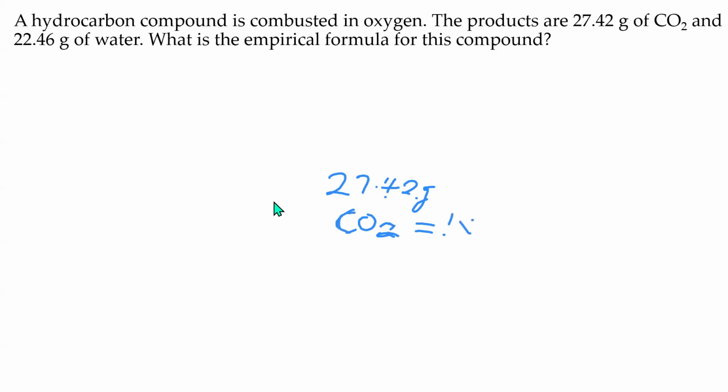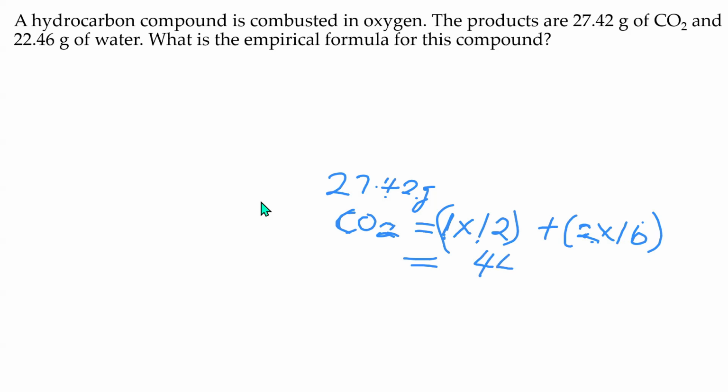So one carbon times the molar mass of carbon, which is 12, plus two oxygen times 16, the molar mass of oxygen. 1 times 12 gives 12, then 2 times 16 gives 32. After we add everything, it gives us 44 gram per mole for carbon dioxide.